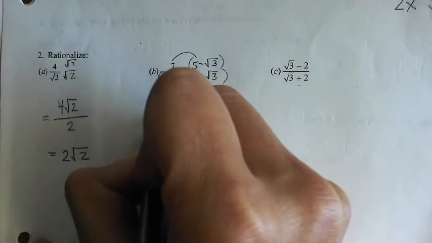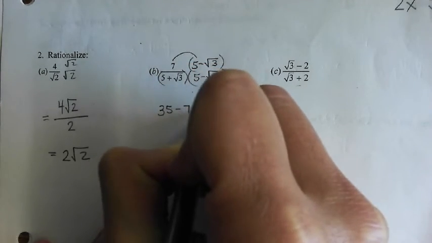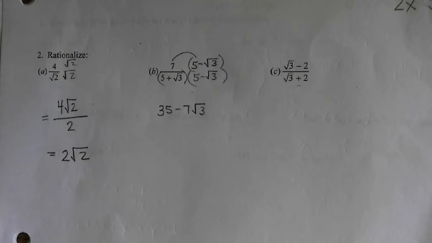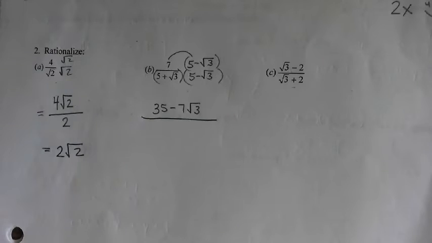Distribute your 7, you get 35 minus 7 root 3. That one's a straightforward distribution. In the denominator, you have to FOIL. Remember the beauty of conjugates. When you're multiplying by conjugates and you're FOILing, the outer and the inner are always going to wash, because one's going to be a positive version, the other is going to be a negative version.